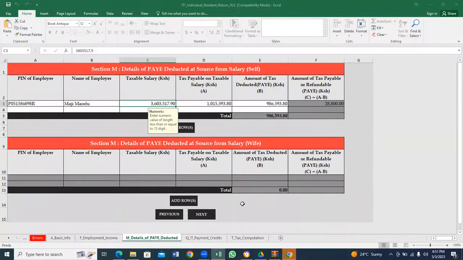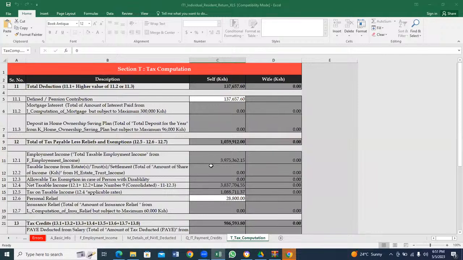I hope you are getting me, because here the system is recognizing I lied. I'm actually engaging in some tax fraud. How come I've reduced my taxable salary from 3.8 to 3.6 without an explanation?